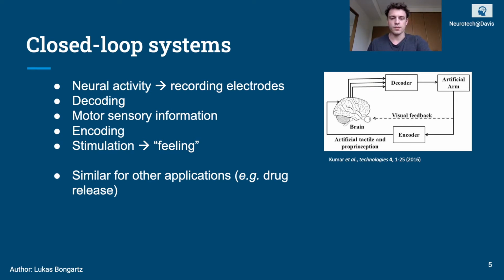Apart from this, there are also applications for closed-loop systems like drug delivery by microfluidic devices, whereas the drug release can then be triggered by electrical signals recorded by electrodes.